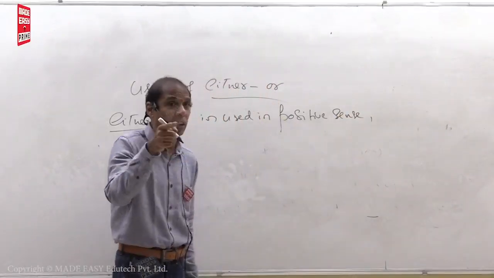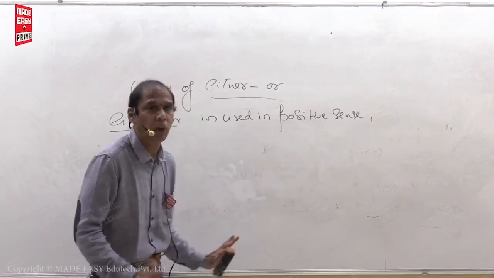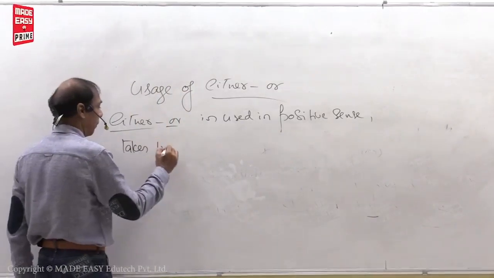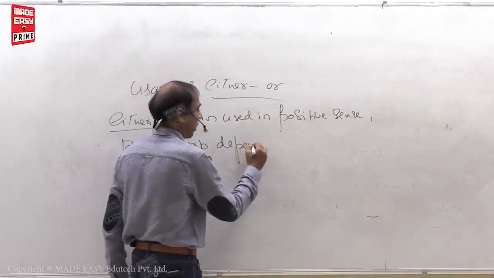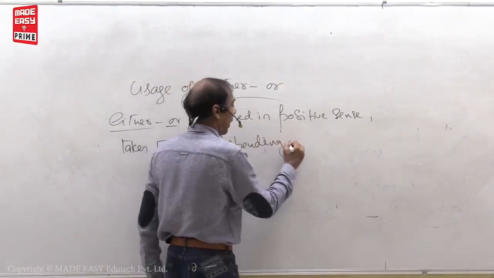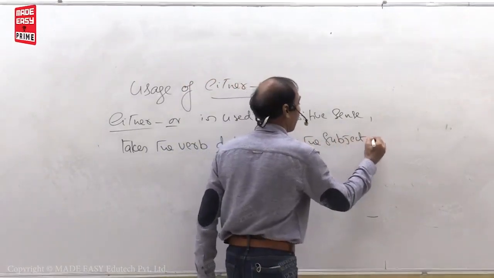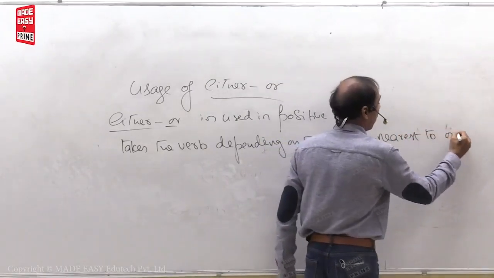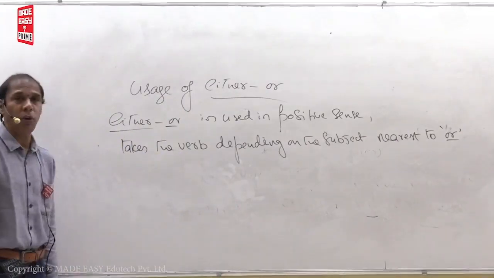I told you neither nor is used in negative sense. Either or is used in positive sense. Takes the verb depending on the subject nearest to or. Depending on the subject nearest to or.